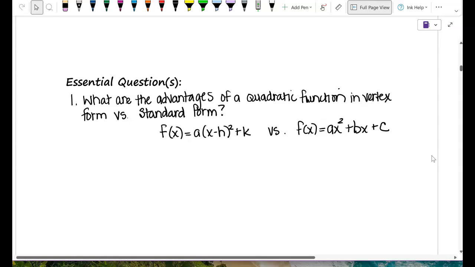Question number 2: What are the similarities between factoring and solving?